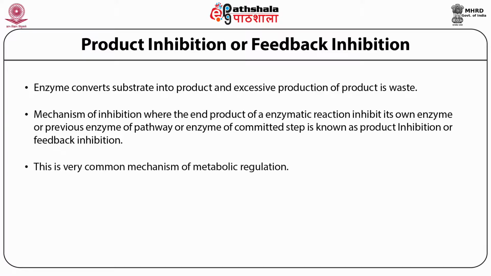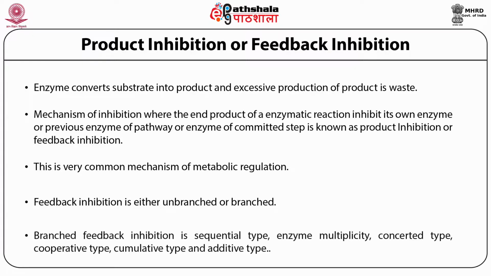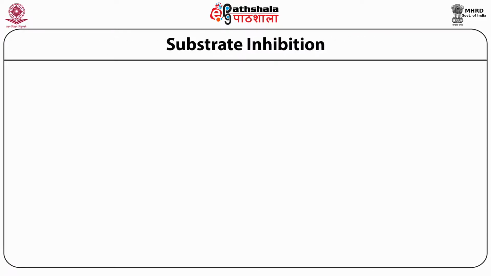Therefore, that product itself inhibits its own production, and it is either branch feedback inhibition, sequential feedback inhibition, concerted feedback inhibition, or cooperative feedback inhibition. All this will be discussed in the next module, but it is very important in terms of regulating biological activity. The next type of inhibition is substrate inhibition.